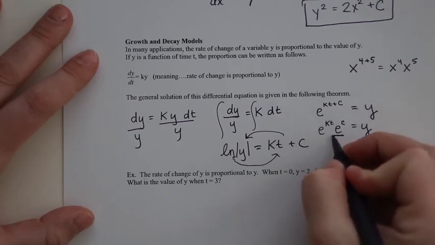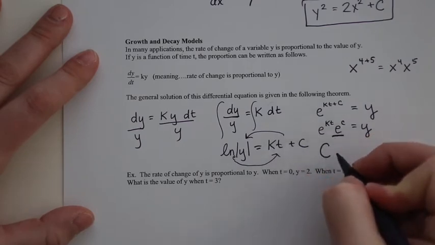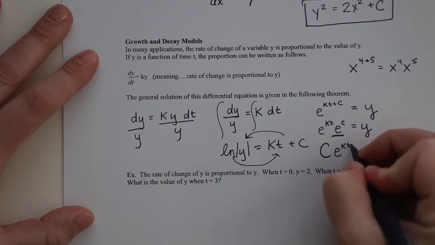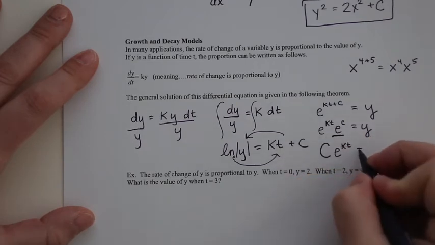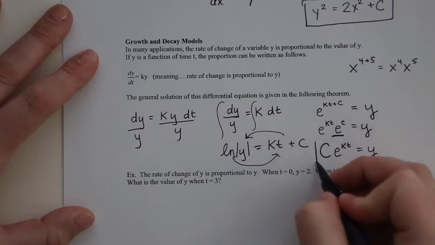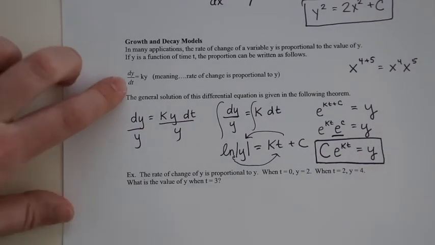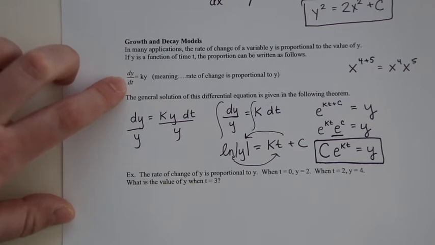So I'm going to change this to just be a big capital C as some number. E to the kt, multiplying those, is equal to y. And that is my general solution to my direct proportionality change in y over t.